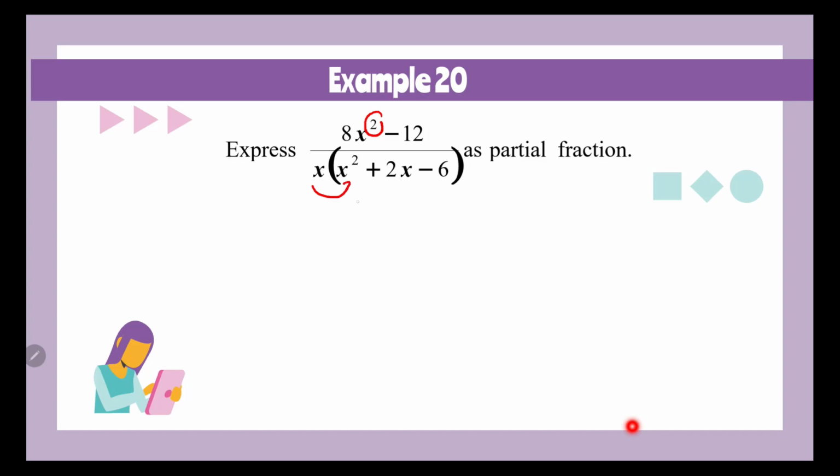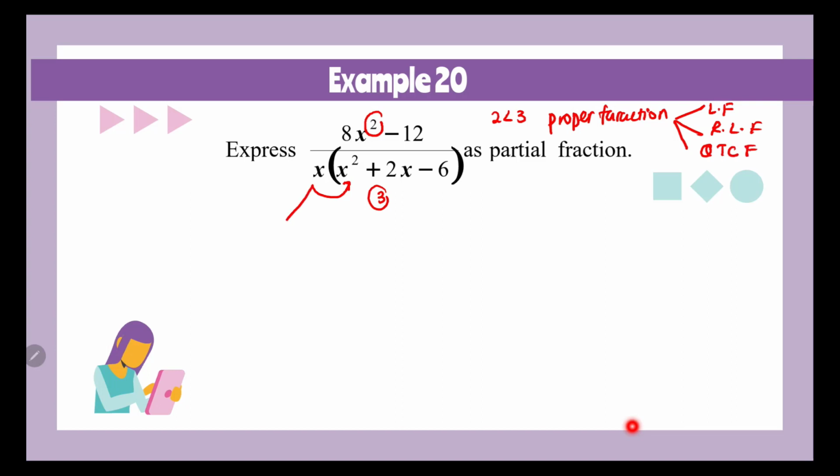If we expand this, the degree of your denominator will be 3. Since 2 is less than 3, we recognize this as a proper fraction. So if this is a proper fraction, we need to recognize whether this is a linear factor, a repeated linear factor, or a quadratic that cannot be factorized.